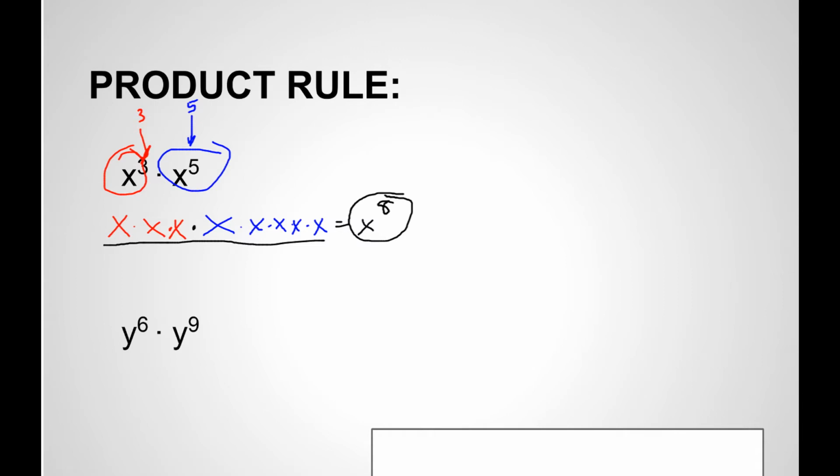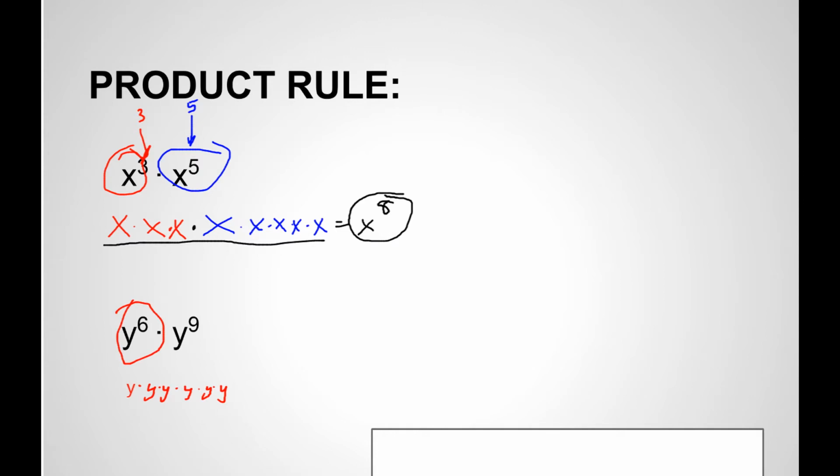What we have down here is y times y times y times y times y times y. So that's 6 times for this one.